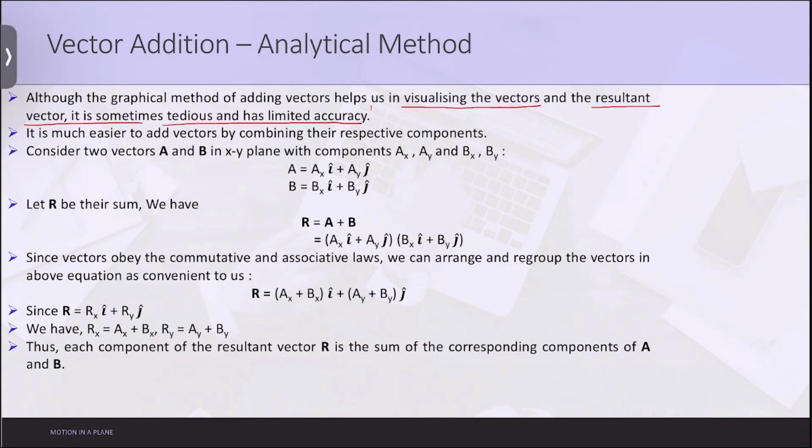Just to understand what is meant by accuracy here, let us say we had two vectors, one in this direction and another in this direction. Let us say we had a graph with some specifications, 1, 2, 3, 4, and similarly this was also 1, 2, 3. Now let us say that this was 4.9 units.